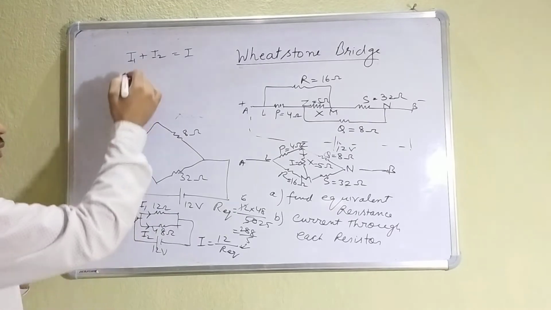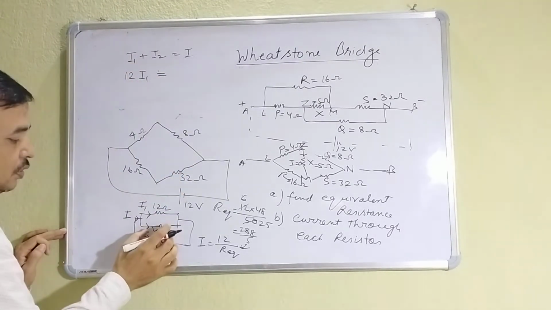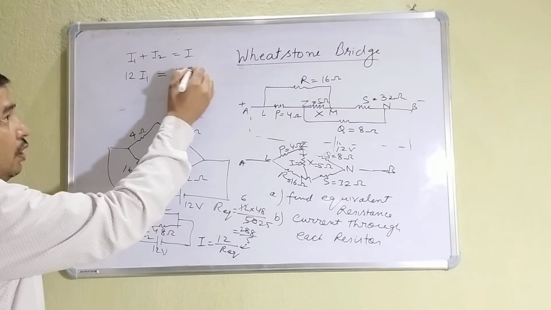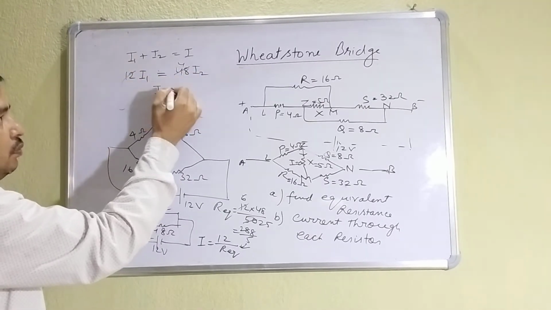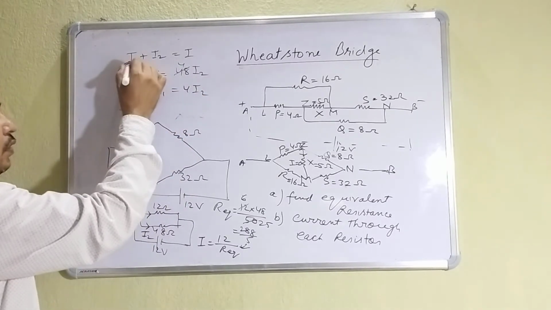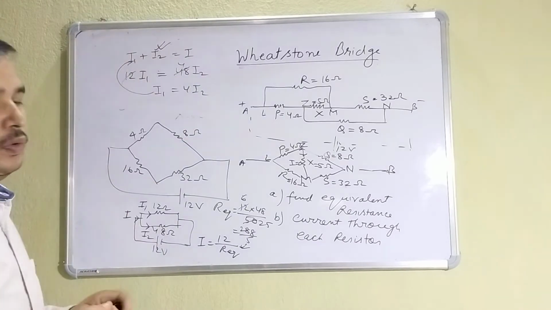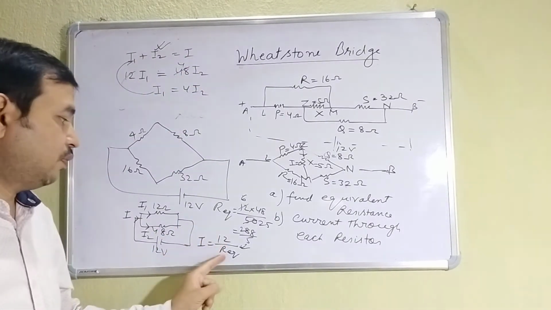What is the potential drop across this 12 ohm? 12 I1. And across this 48 ohm, 48 I2. So you will get a relation between I1 and I2. So put the value of I1 here and calculate the value of I2. This you have already calculated from the formula.